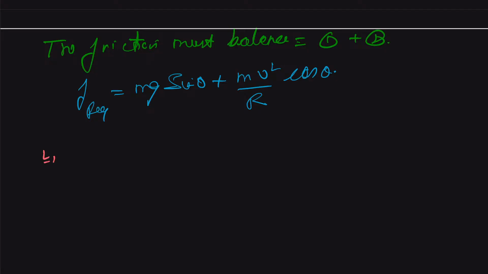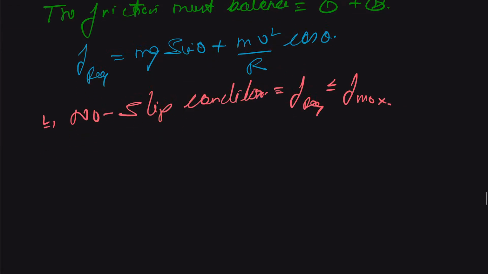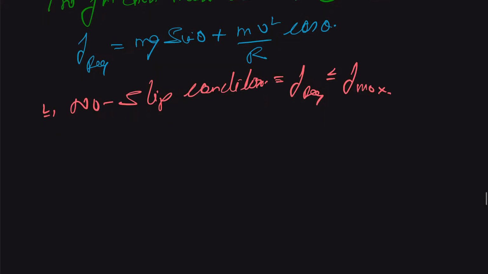We can say that for the no slip condition, the required value of friction is less than or equal to the maximum value of friction. The required value is mg sine theta plus mv square upon r cos of theta.